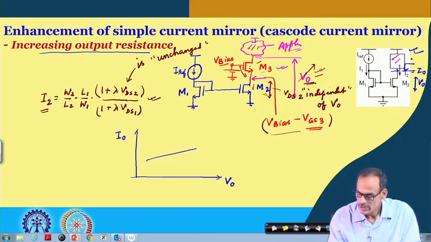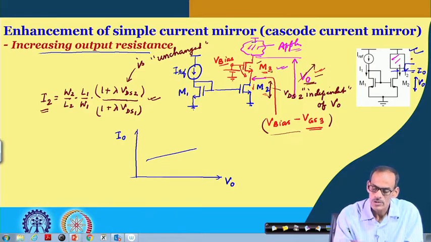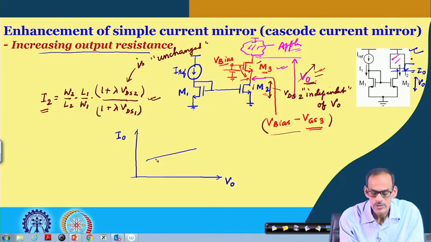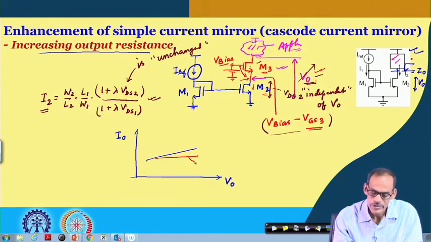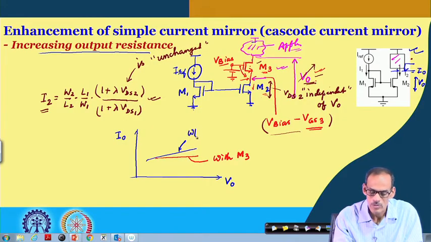Now, if I consider on the other hand this circuit, where we do have transistor 3, it is protecting this source voltage from the variation of the output voltage, and for that we do have the corresponding current, which is almost remaining flat. So, this is with transistor 3 and on the other hand this is the simple one without M3.